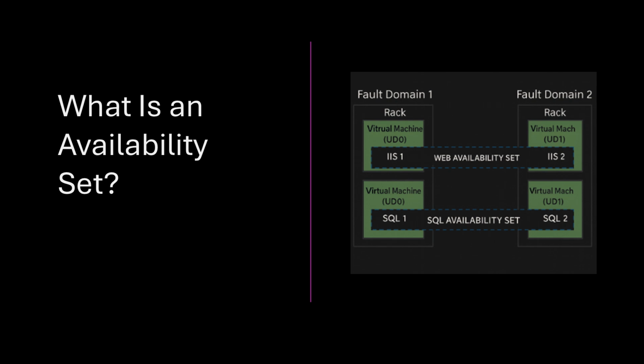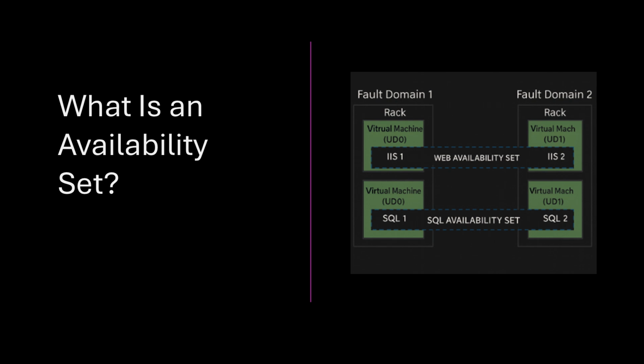To give your availability set high resilience, Azure uses two internal distribution mechanisms: fault domains and update domains. A fault domain represents a group of VMs that share the same physical infrastructure, like a rack, a power source, or network switches.